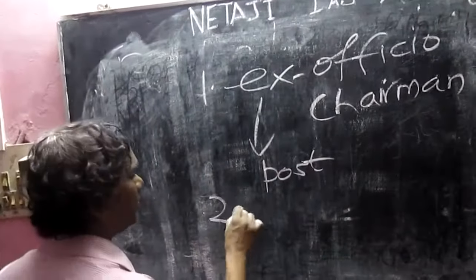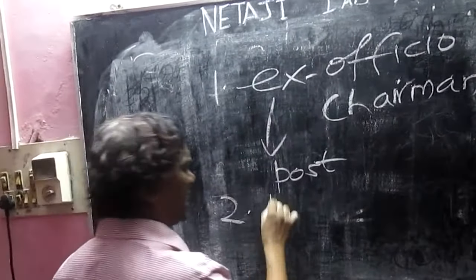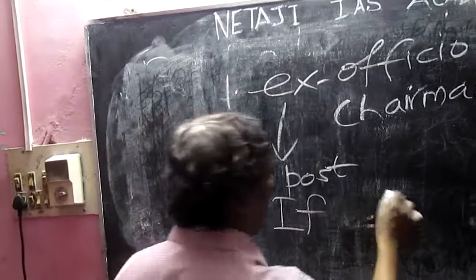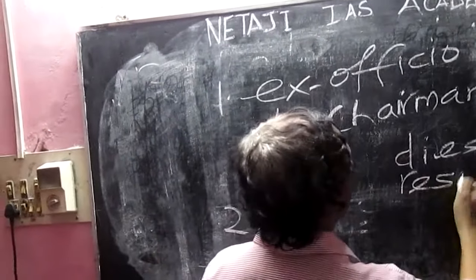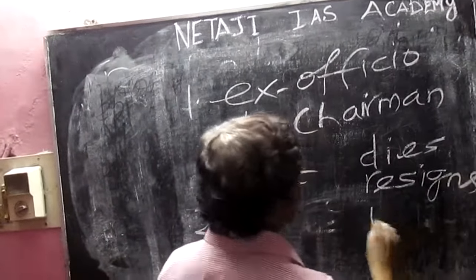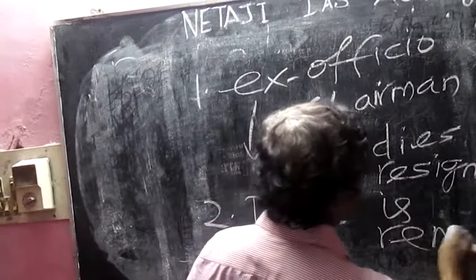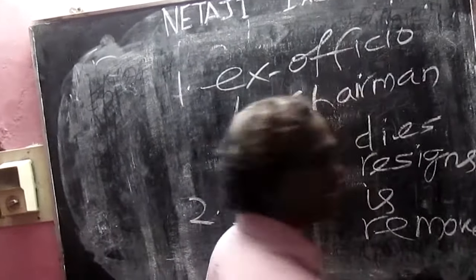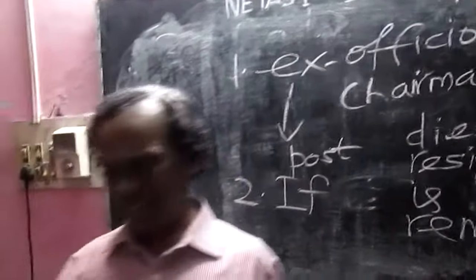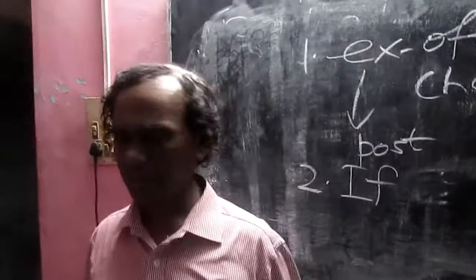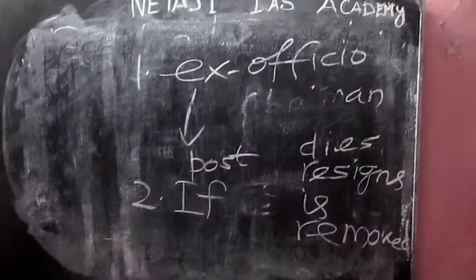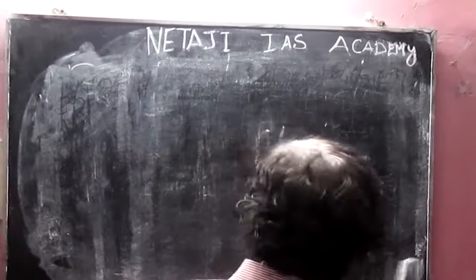Number 2, if the president dies, resigns, or is removed, the vice president becomes the acting president till a new president is elected.